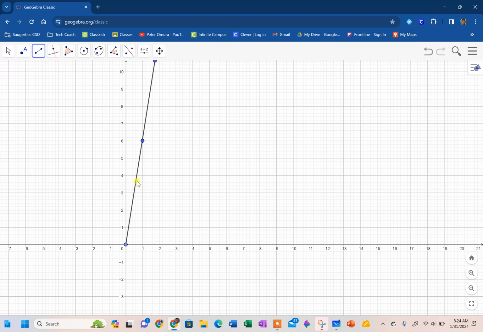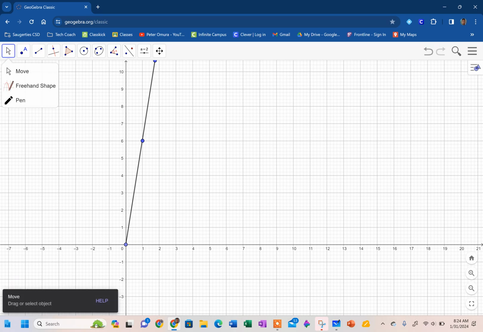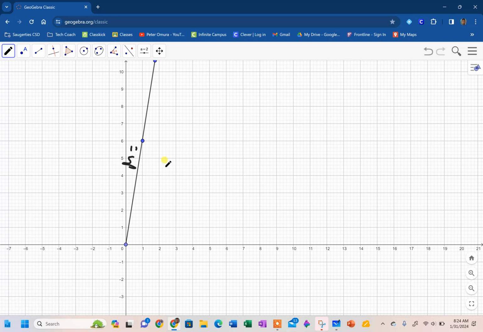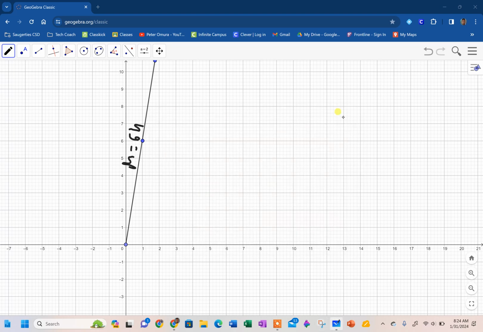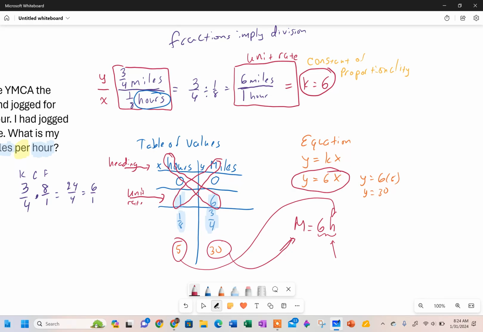Now, this line is going to be pretty close, and then what you would do is you'd write down the equation on the line, m equals 6h, preferably so people can read it. M equals 6h, and you'll see, and it's not exactly perfect, but you'll see 1/8 and 3/4. Let's see if I can find that.